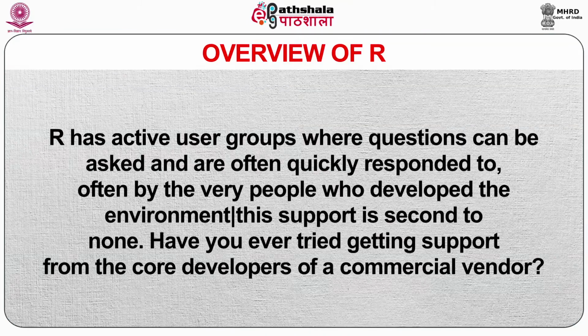R has active user groups where questions can be asked and are often quickly responded to, often by the very people who develop the environment, and getting support from the core developers of R is very positive support for researchers.